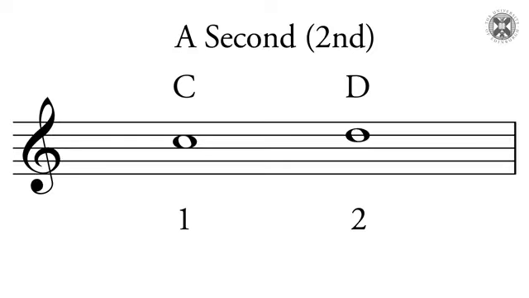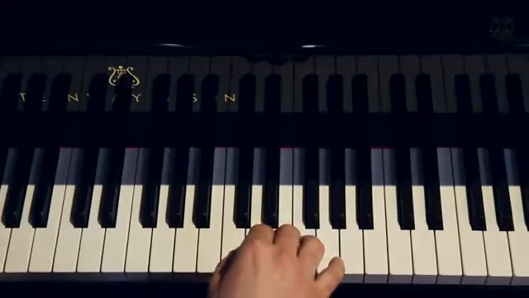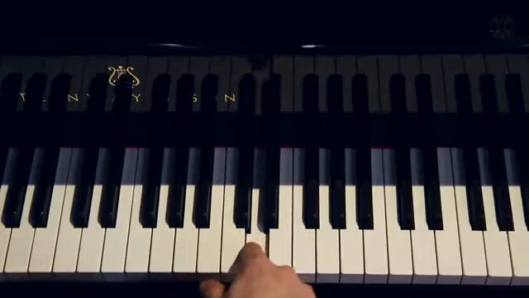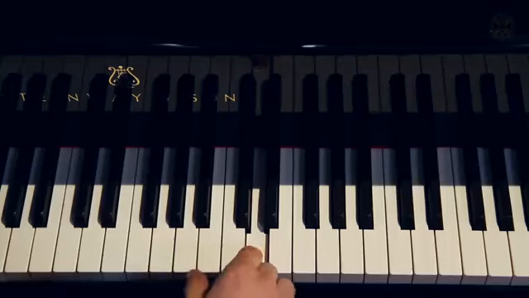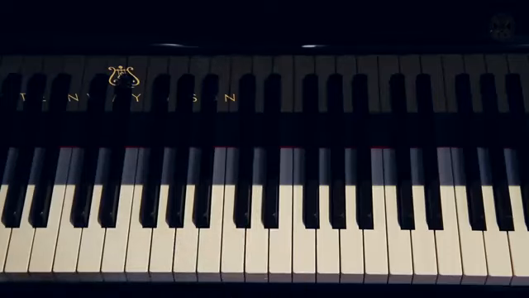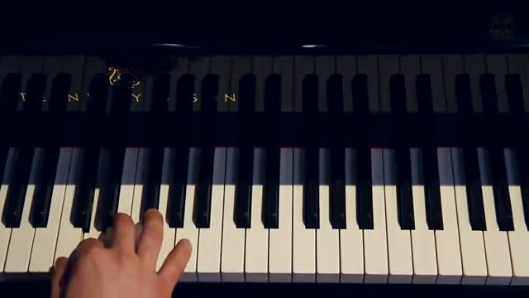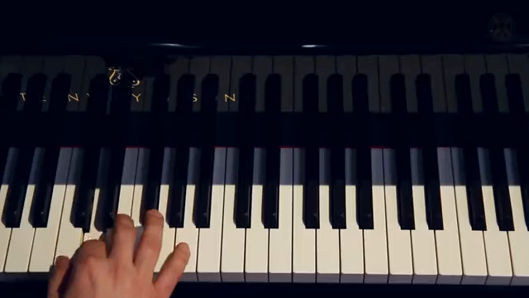There are lots more intervals for us to look at, and to do that, we're actually going to go back to the keyboard. So Richard's just talked to you about this interval of a second from C to D. But as you said, there are much more than that. So let's have another look through that, and we'll do that within the octave. So we've got C to D. That's a second. 1, 2.